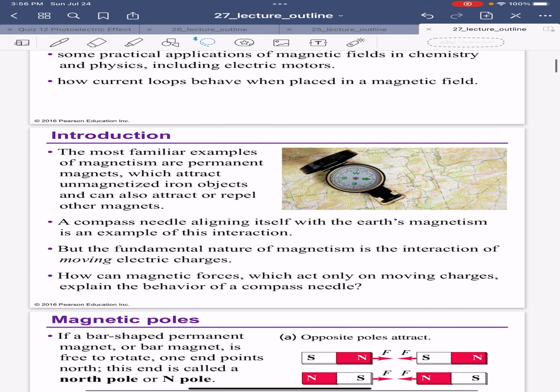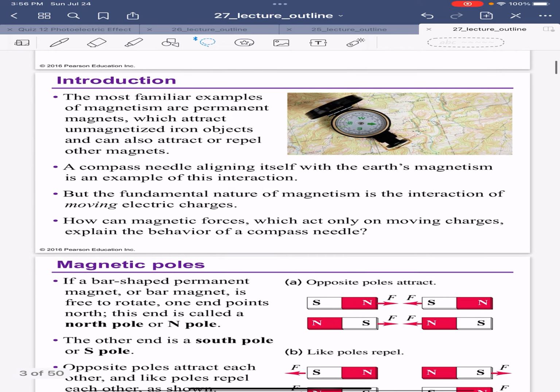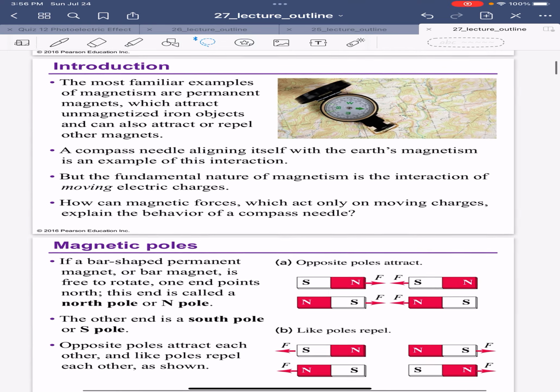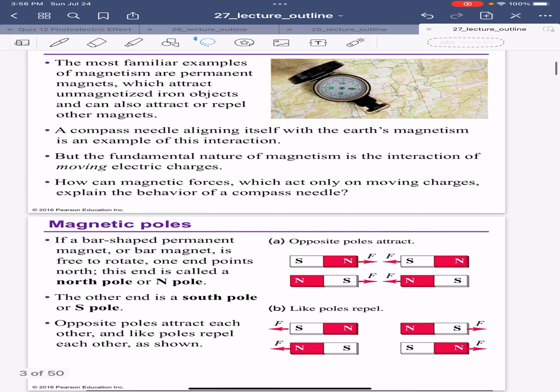But we also need to know that the interaction or the force can only act on a moving electric charge. If the charge is not moving, we will not have any forces. How can magnetic forces, which act only on moving charges, explain the behavior of a compass needle? We will talk about this in a little bit.